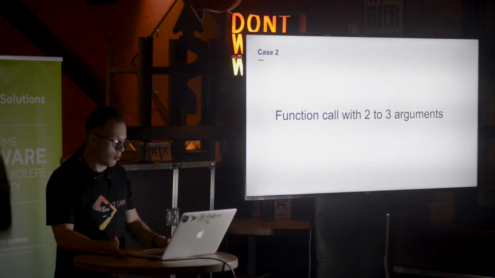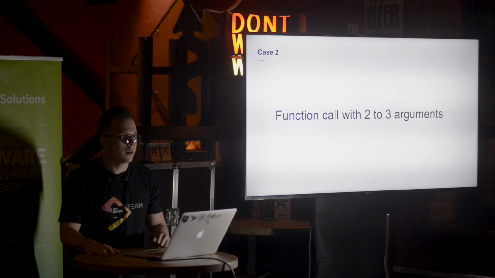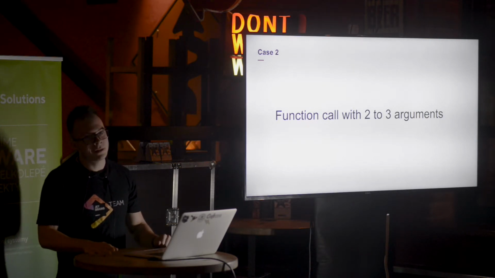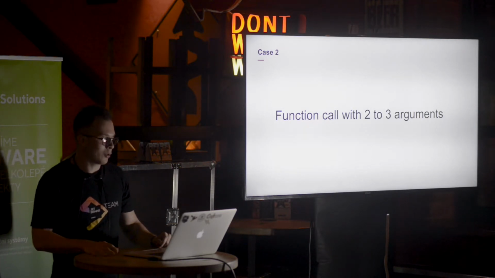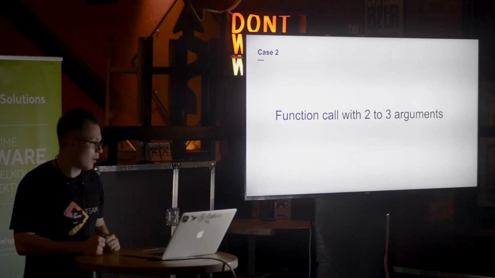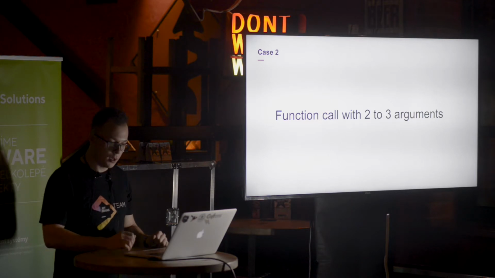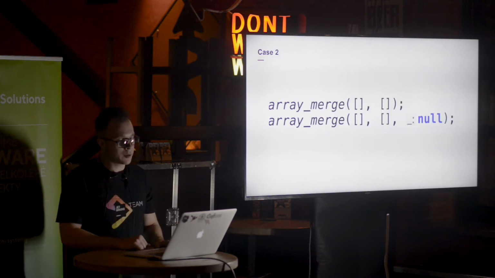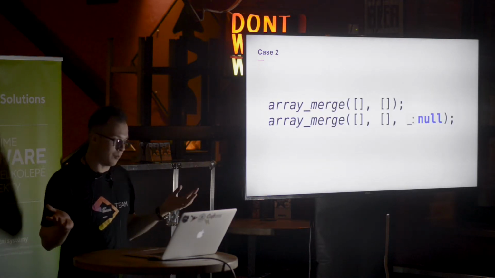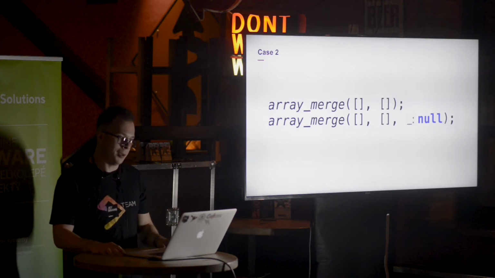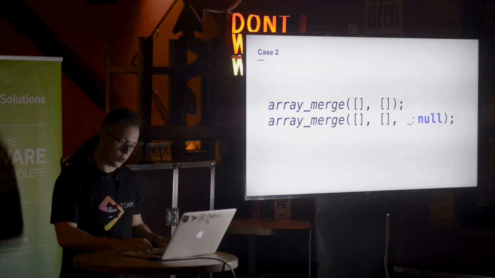Second case, function call with 2 to 3 arguments. We already tried to find a method call with 0 arguments. Now I want to provide a range of possible values, for example these 2 cases: array merge with 2 or 3 arguments.